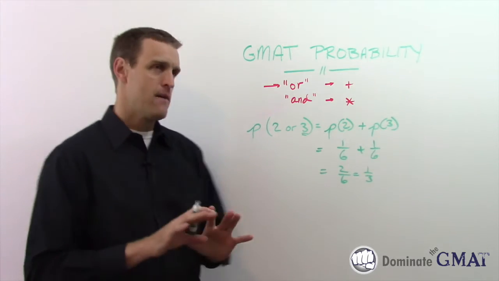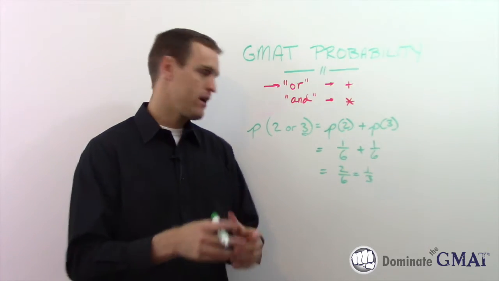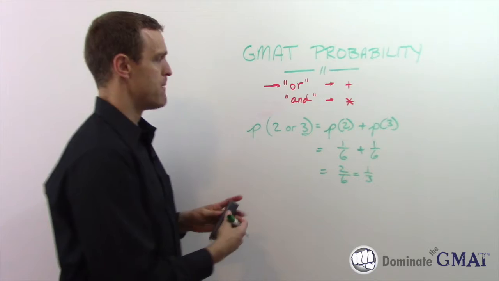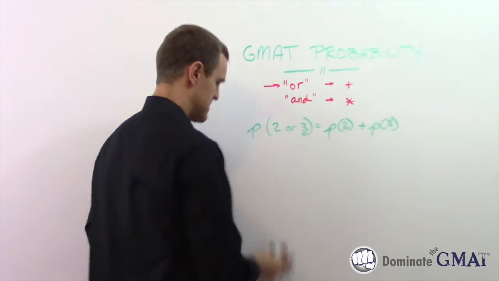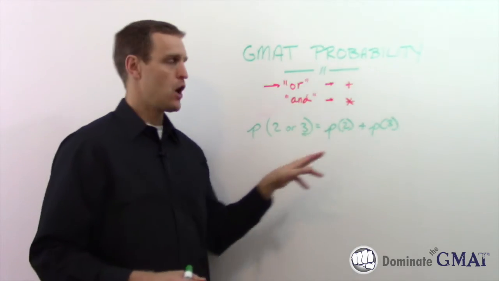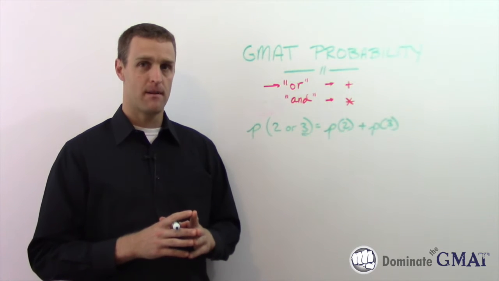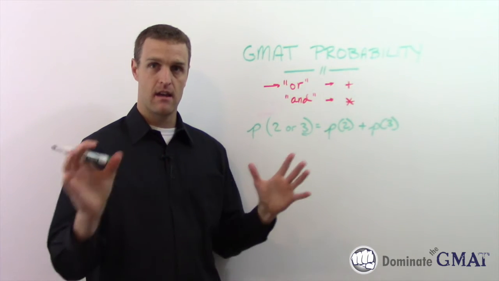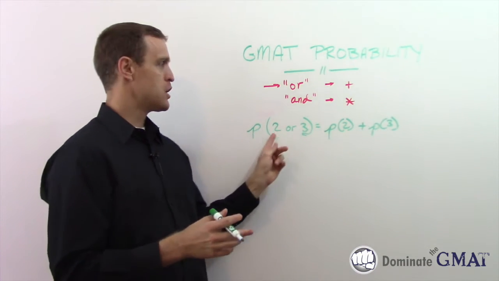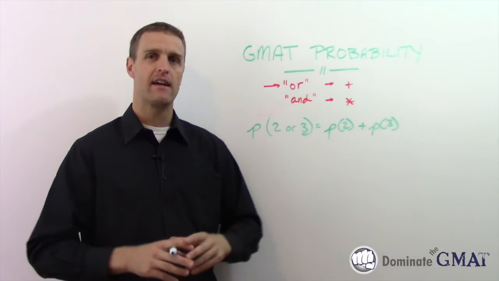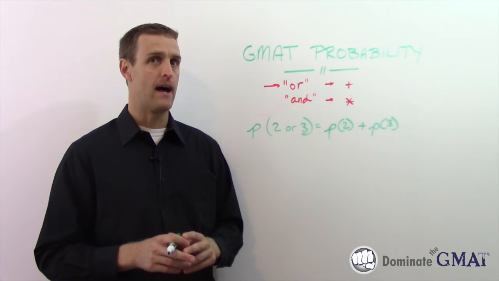So that's the background I want to give you, but now I want to talk about the nuance I was talking about, which is to say, in this scenario, it worked exactly like I talked about because there's no chance that you would get a 2 and a 3 at the same time.